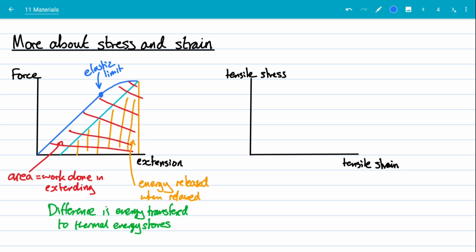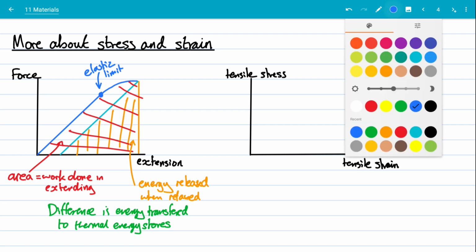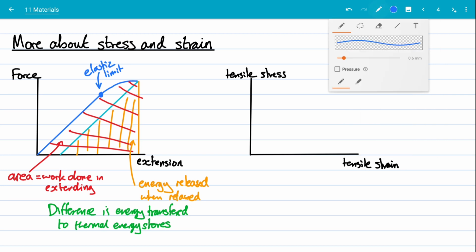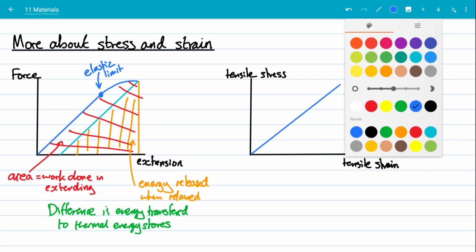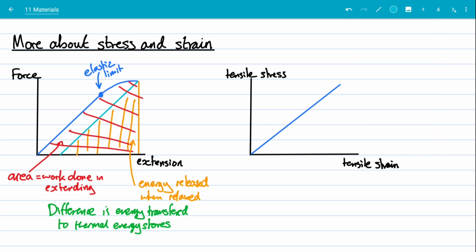Fine. Well, let's just look at the tensile stress versus tensile strain graph then. What's the area under this going to be? And it's the same idea, so I won't bother with the curve and talk about differences in energy, because it's the same idea as we've already had for the graph on the left.